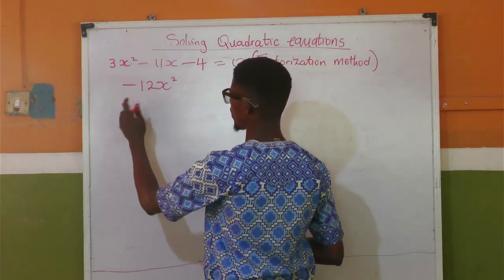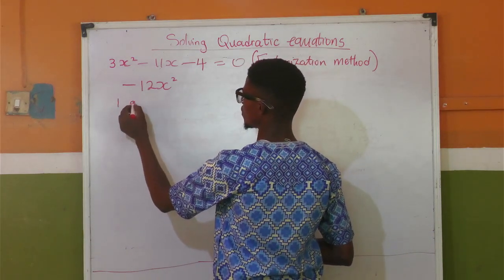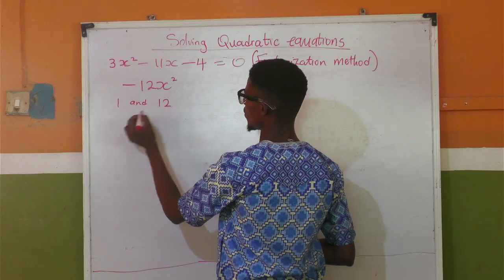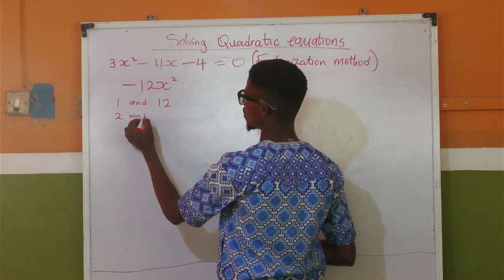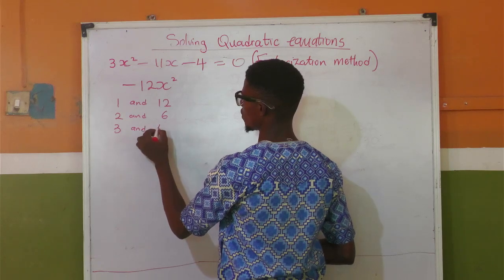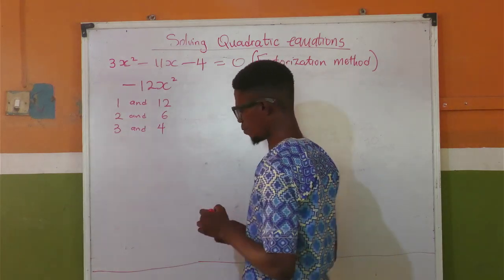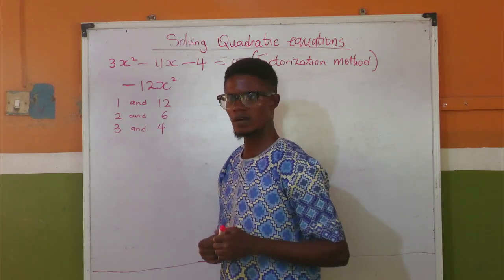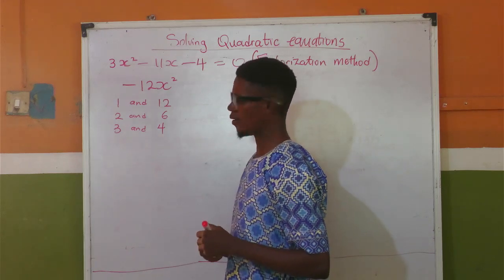Definitely we know that 1 and 12, then we have 2 and 6, we have 3 and 4. Basically, I think these are all the multiples of 12 that we have.